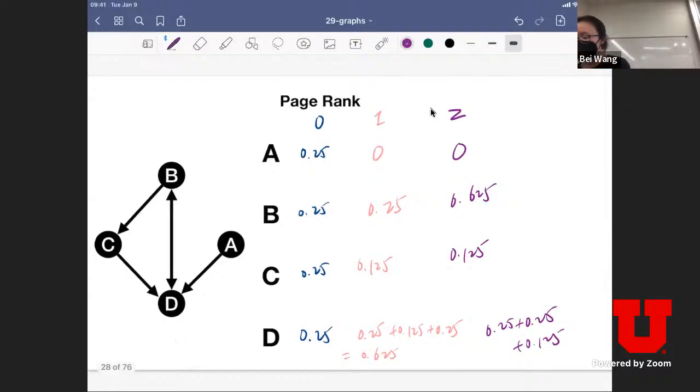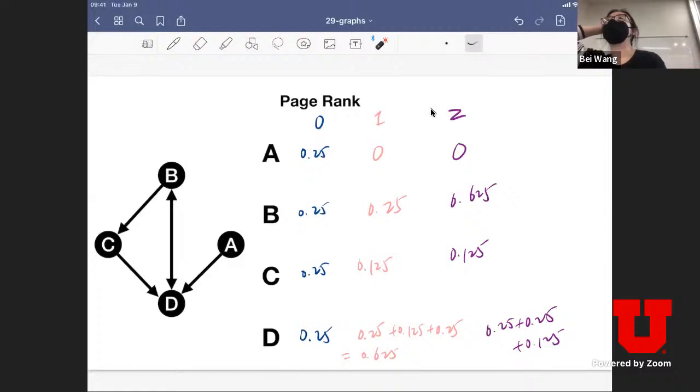If you want to challenge yourself, in the next iteration you will get something like this. The idea of PageRank is to keep running this mass redistribution until it converges, okay? And once it converges, the one with the highest mass is the one with the highest PageRank. Any questions?